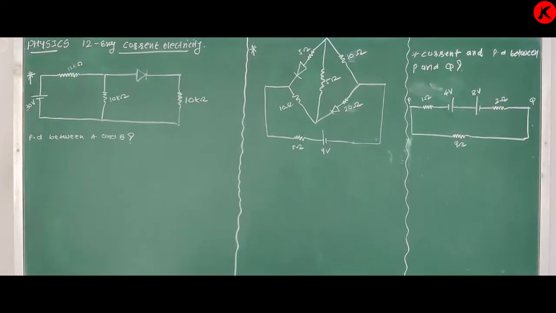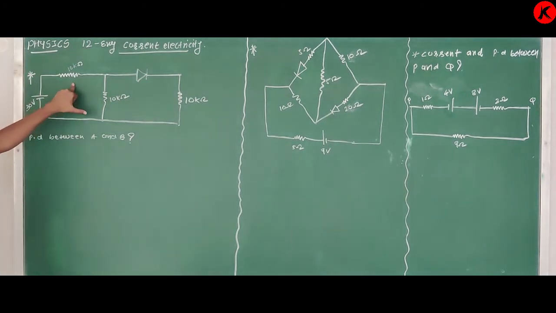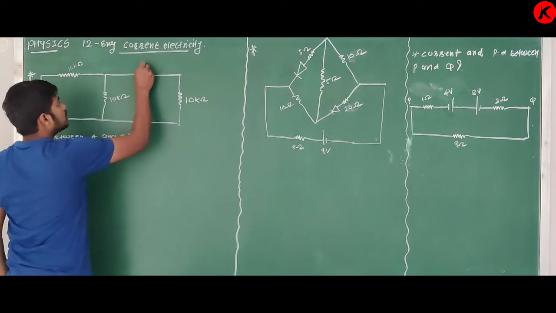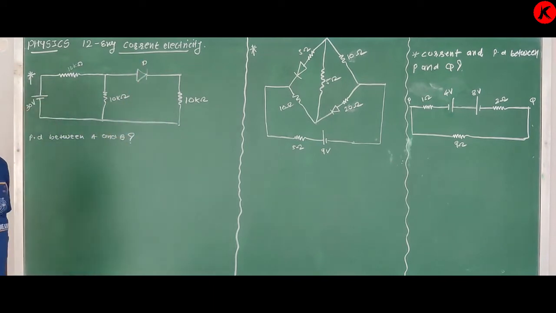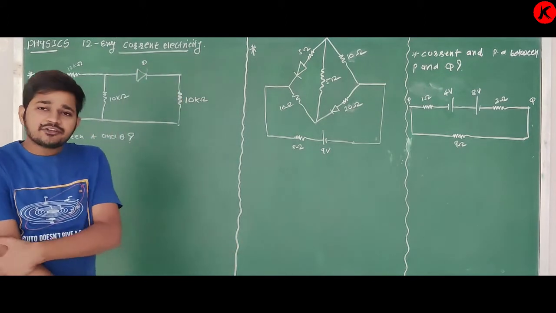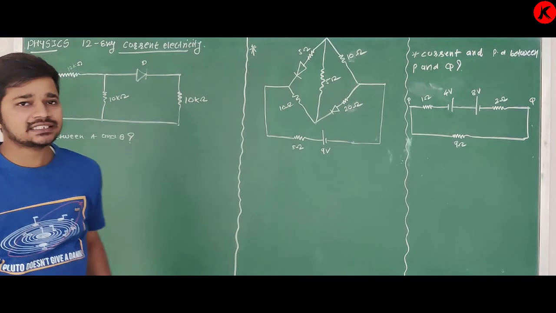Okay, now next question. See, you are given one circuit having a battery of 30 volt, resistors of 10 kilo ohm, 10 kilo ohm, 10 kilo ohm, and one diode. A diode has two characteristics, forward bias characteristics and reverse bias characteristics.